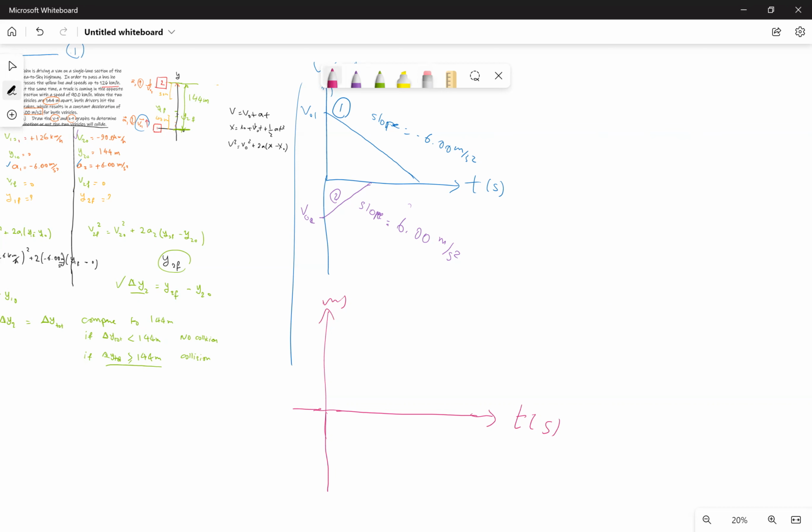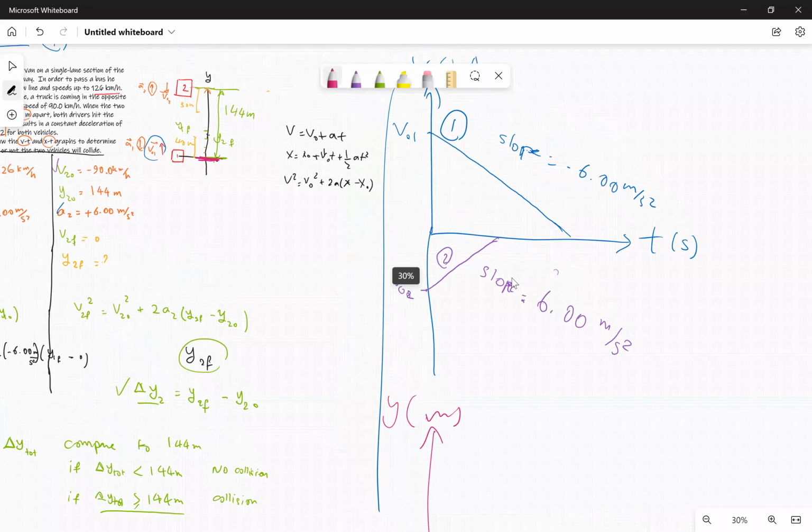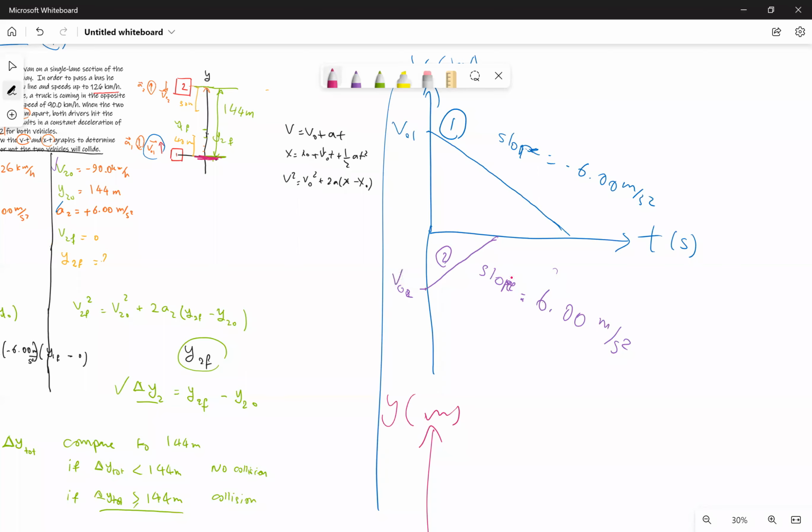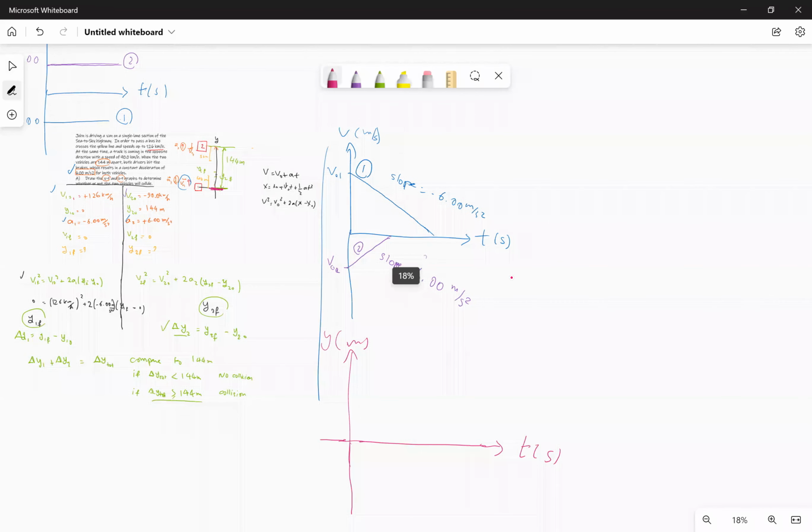Oh, it's working now. y in meters, because I set up my axis as the y-axis. You can have it as the x-axis, it's up to you. I decided that y01 is going to be equal to 0. So that's the initial position of car 1.